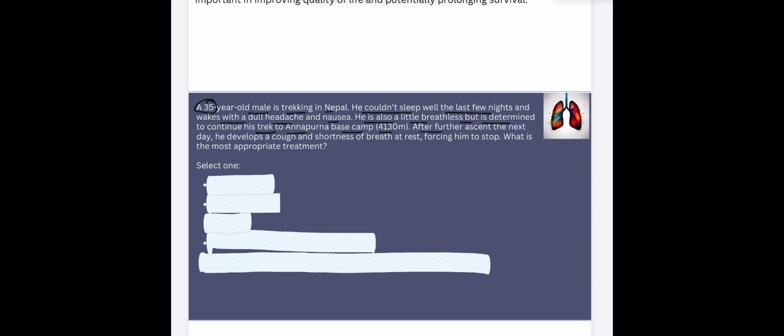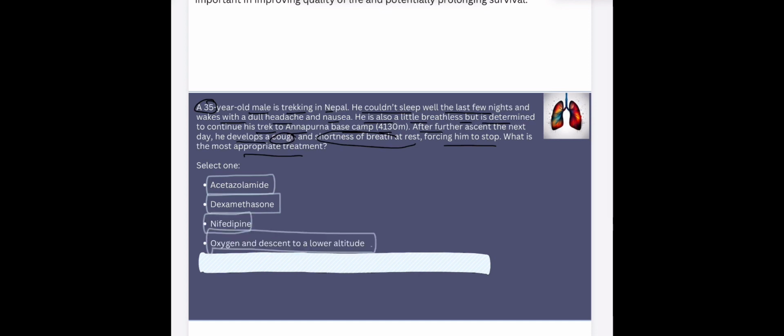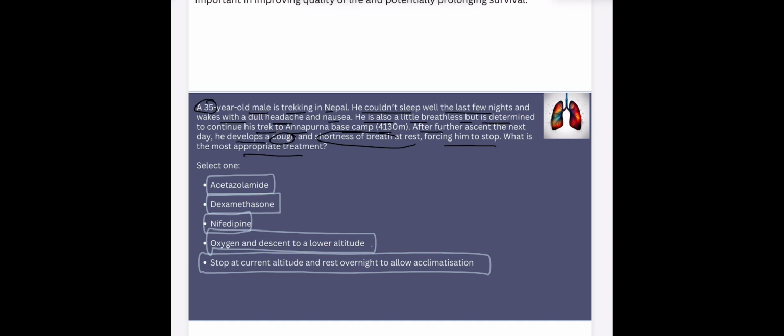After further ascent the next day, he developed a cough and shortness of breath at rest, forcing him to stop. What is the most appropriate treatment? Acetazolamide, dexamethasone, nifedipine, oxygen and descent to a lower altitude, or stop at current altitude and rest overnight to allow acclimatization.